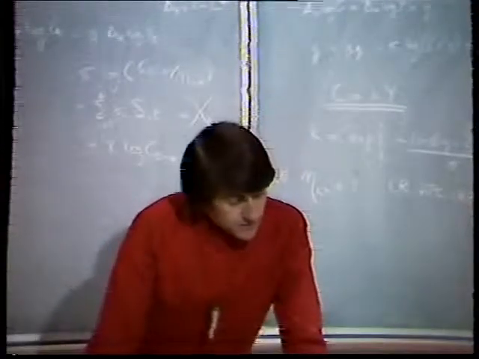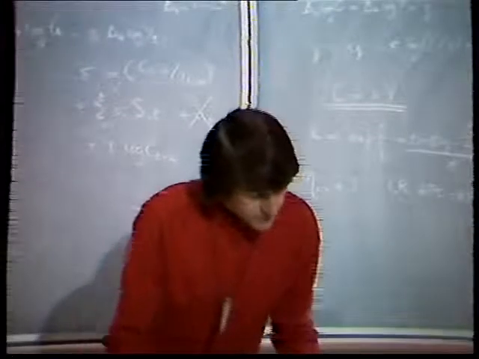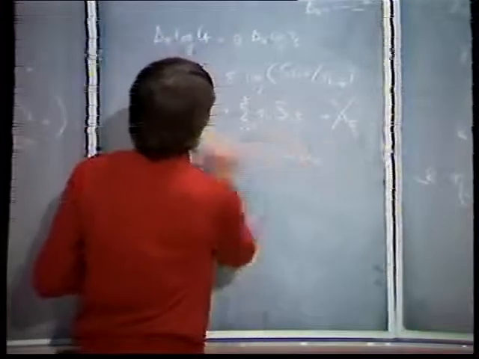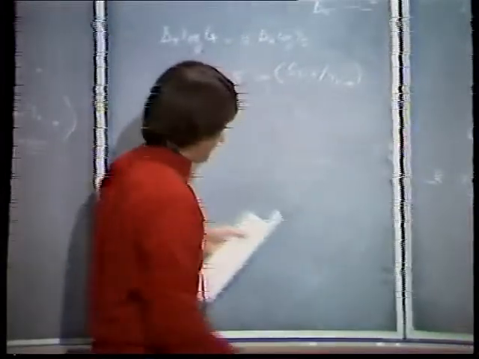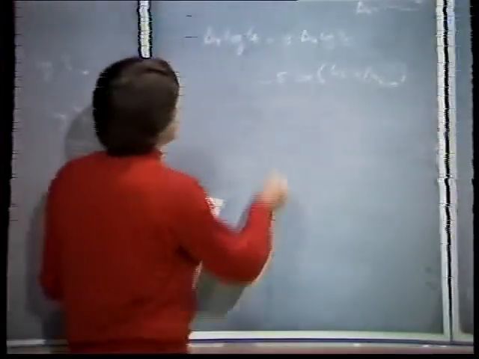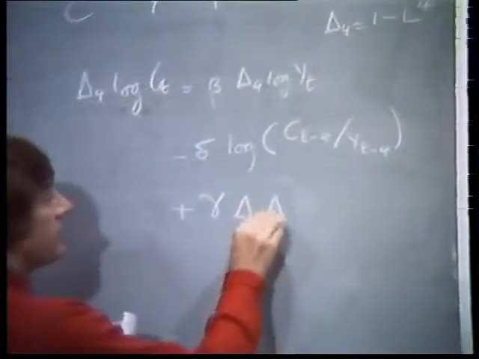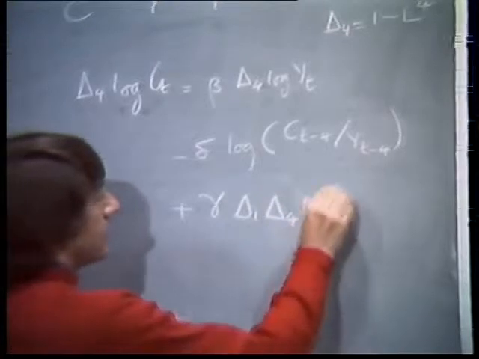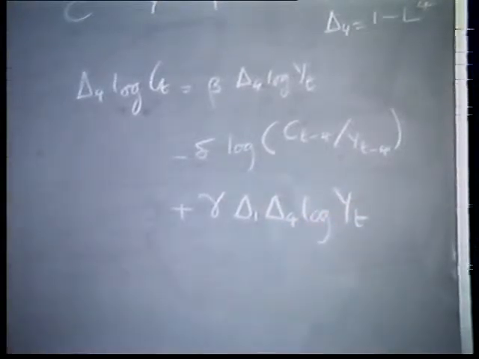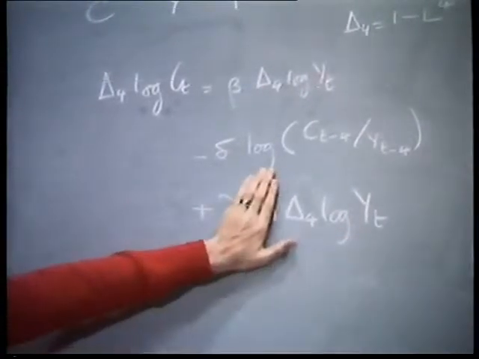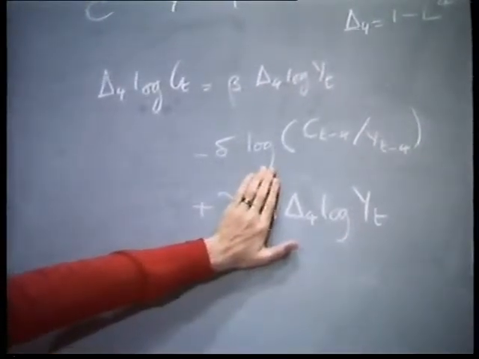And if you look at the first model, that has exactly this structure, but in addition we have delta 1 of delta 4 log Yt, so that the delta 4 of log Yt is looking at how income has changed through the year.